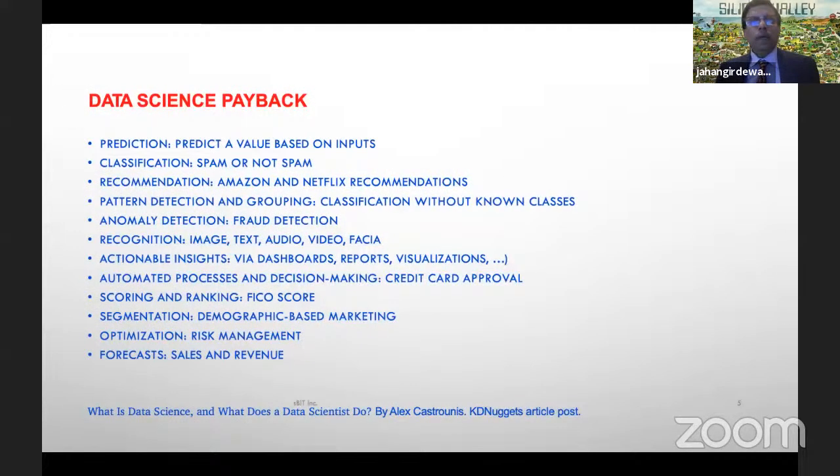We have been using data science for a while, and data analytics has been in very high demand, and it has pretty much paid back. Even a few years ago, prediction was getting more and more accurate, for example prediction of weather, pricing, or stock price. We could classify spam in email very well.